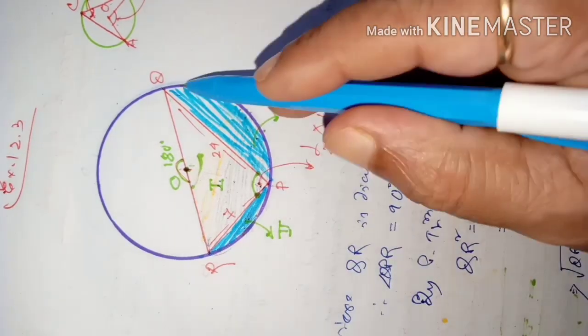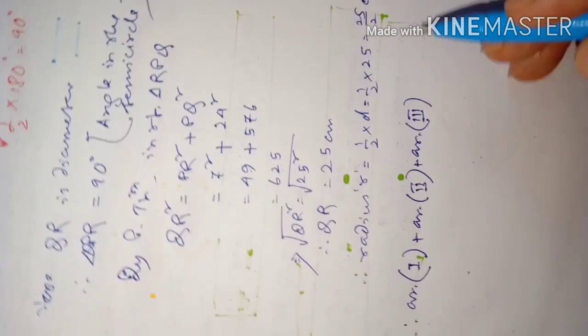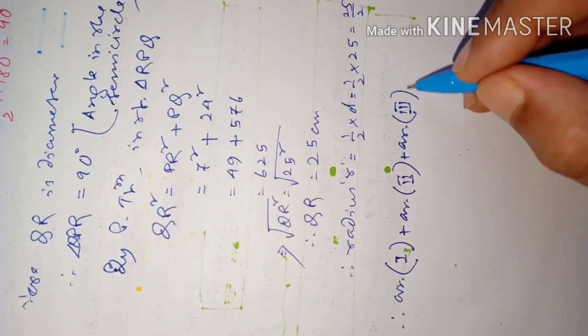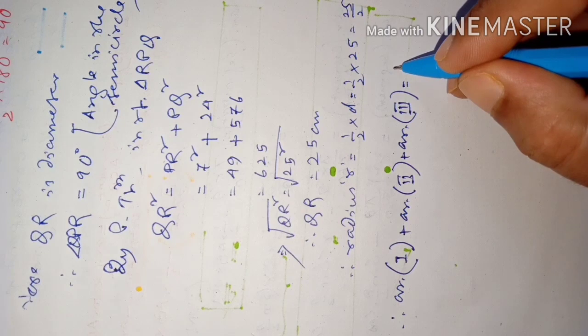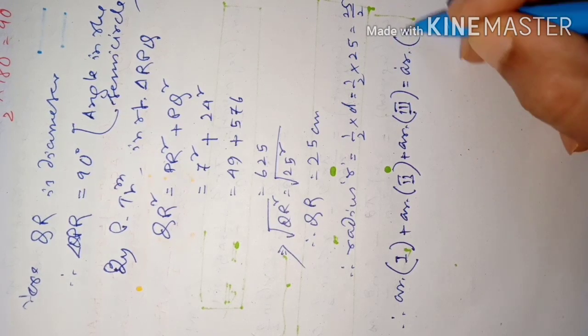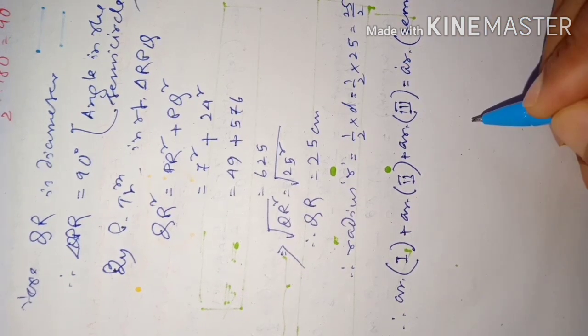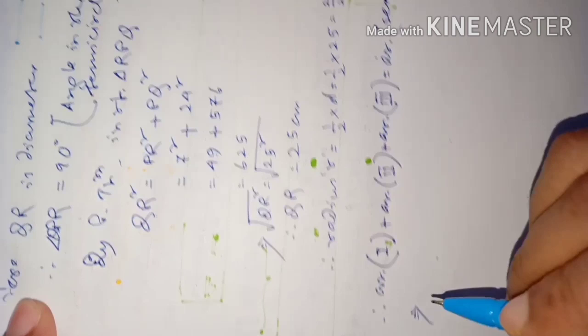We are talking about this semicircle, so that we will write like this: area of 1 plus area of 2 plus area of 3 is equal to area of semicircle. So now we write area of 1. Area of 1 is what?